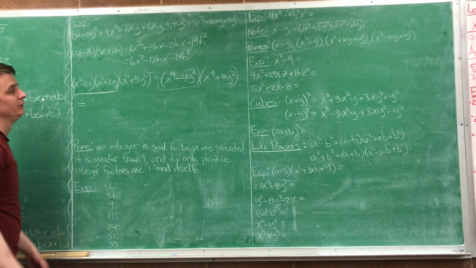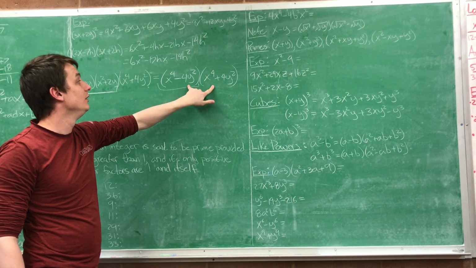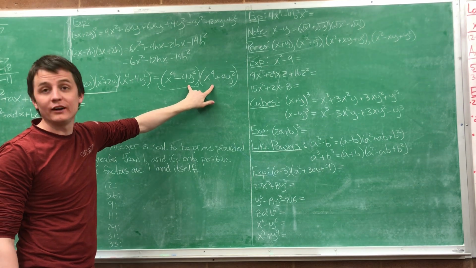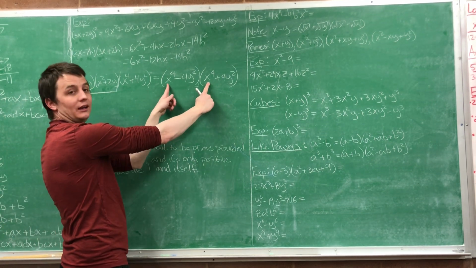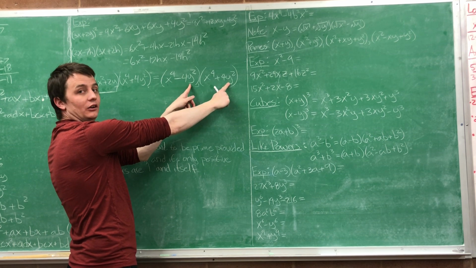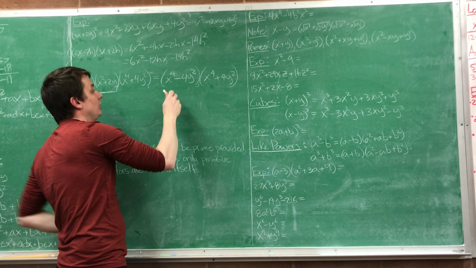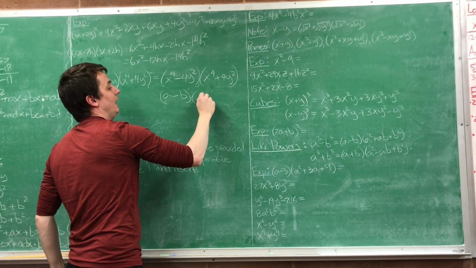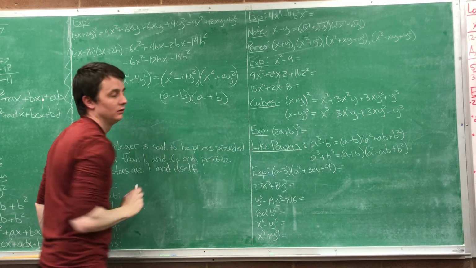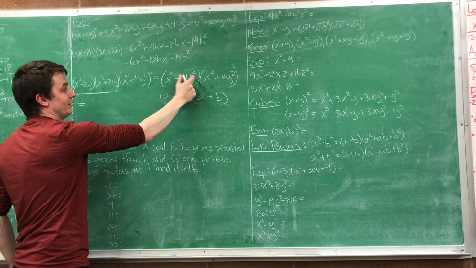Okay, wonderful. Now what can we do with those two? It's a difference of squares again. There it is. Once again, we have the same thing and the same thing. The only difference is a minus and a plus. This still has a form a minus b and a plus b, right? So it's just going to be that thing squared minus that thing squared.